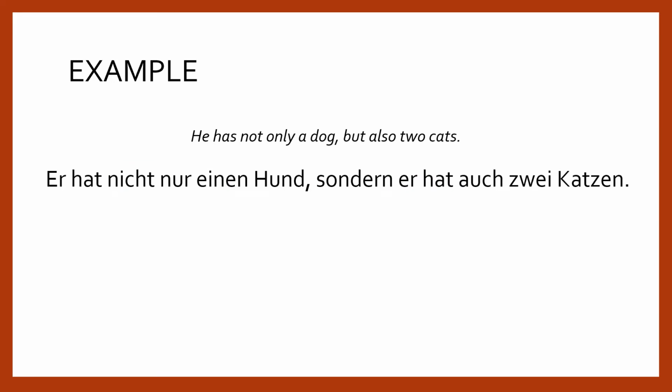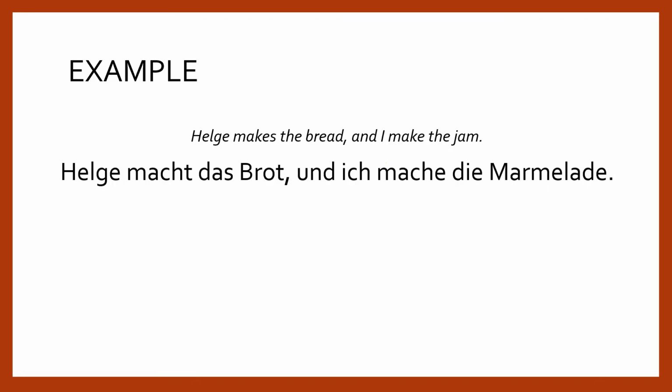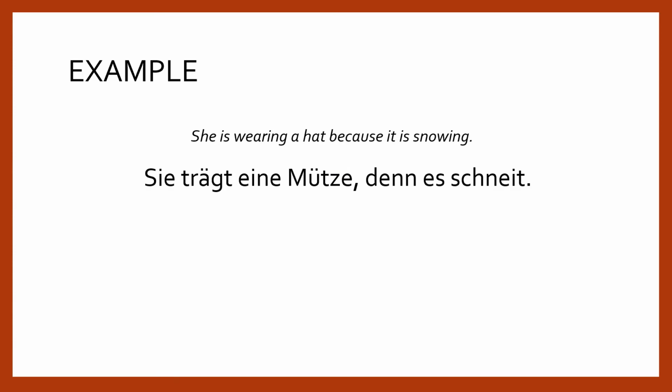We have hat nicht nur ein Hund, sondern hat auch 2 Katzen. So which conjunction is used here? We have sondern. Helge macht das Brot und ich mache die Marmelade. Which conjunction do we have here? We have und, and. Sie trägt eine Mütze, denn es schneit.